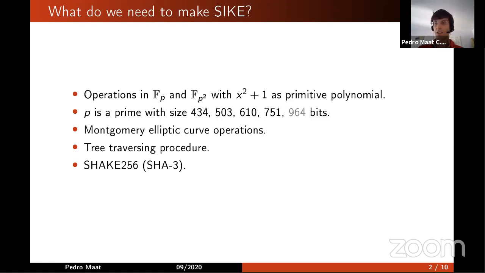It requires quadratic extension prime field operations, such as addition, subtraction, multiplication, and inversion. The base prime fields can go from 434 up to 751 bits.